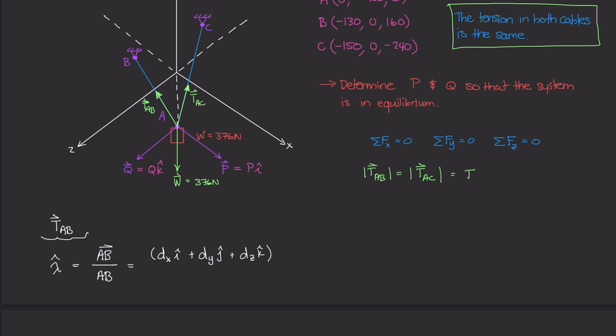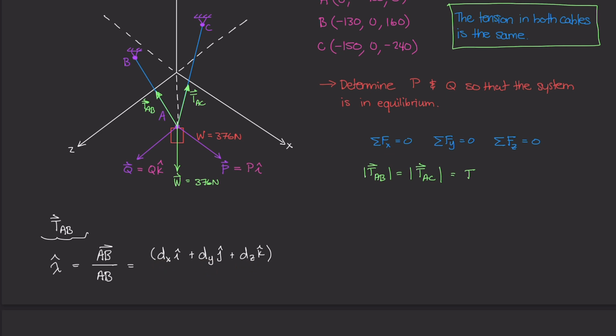Now, these components are distances from the starting point of that vector, or the tail, to the tip of that vector, which is the ending point. And dx, dy, and dz are simply the distances in the x direction, the y direction, and the z direction. And signs do matter.